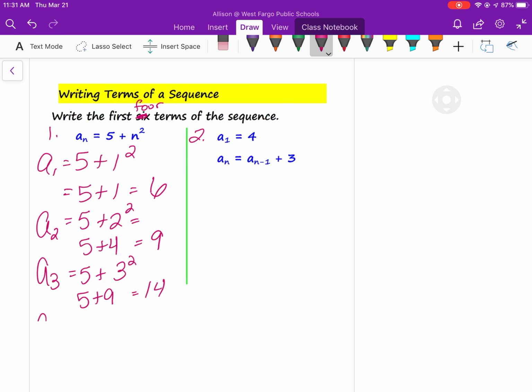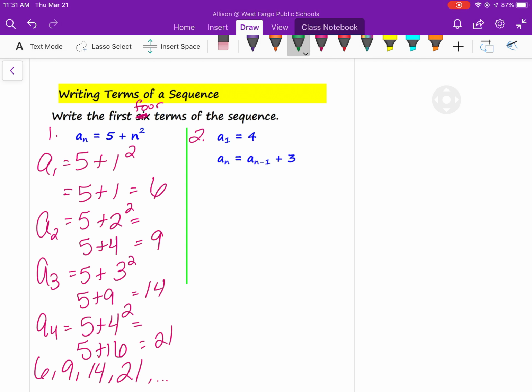And the fourth term would be 5 plus 4 squared, which would be 5 plus 16, which would be 21. So we have 6, 9, 14, 21 are the first 4 terms of that sequence, or that pattern of numbers using that general rule.